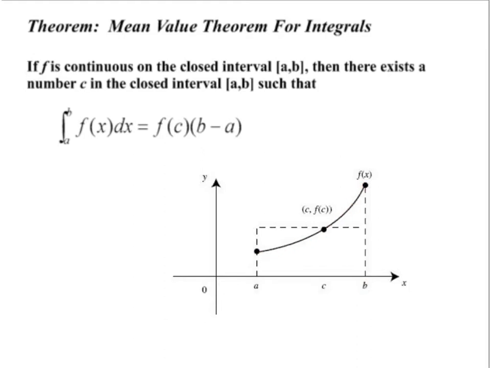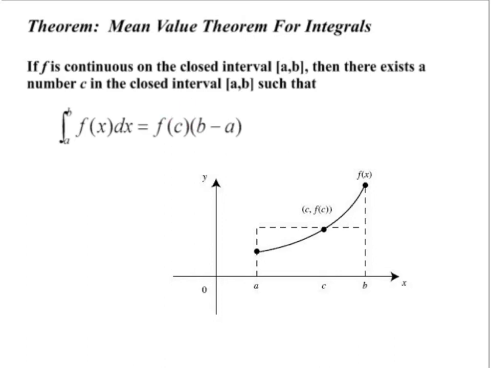Now for integrals, remember that you're talking about an integral as being the area under a curve. And so what that says is that the area under the curve from A to B, this is f of x, so that would be this measure right here, that somewhere in here there's a value c, where if you drew this rectangle here, that would be the same area.